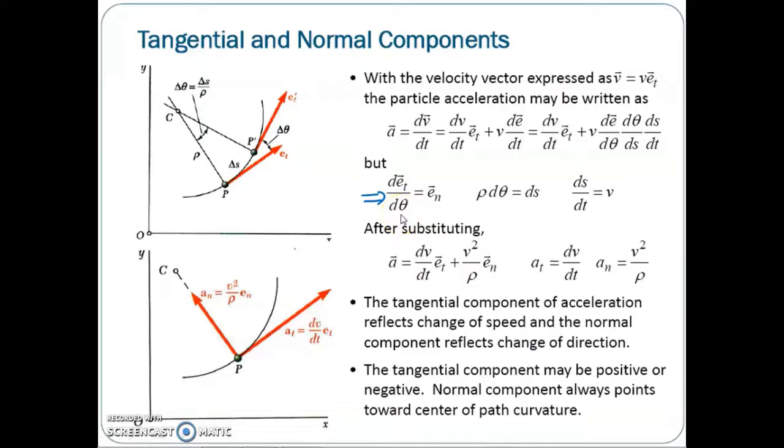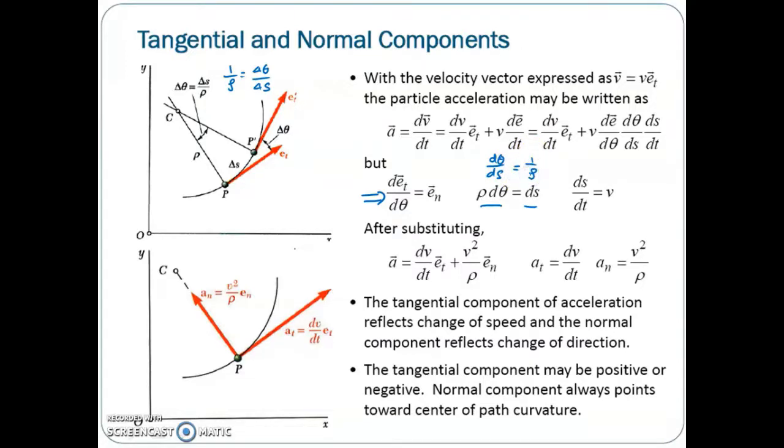We also know from elementary calculus that 1 over rho, the radius of curvature, is equal to delta theta over delta s, the curvature of our circle, so d theta/ds is equal to 1 over rho.